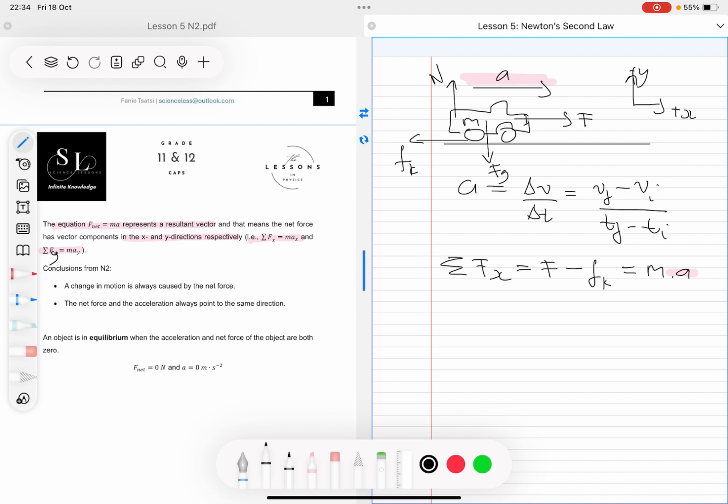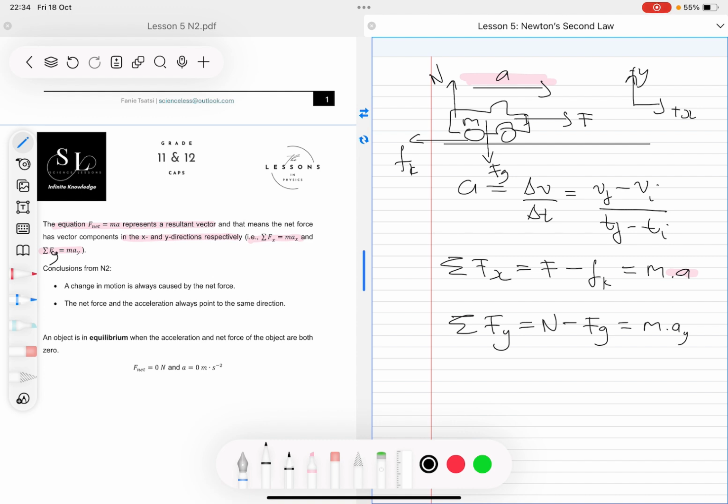Now, if I take the y component, meaning I add the forces in the y direction, I'll have the normal force being positive because it goes up. Then I'll subtract Fg because it's going in the negative direction. So we'll have N minus Fg, and this is equal to mass times acceleration in the y direction.